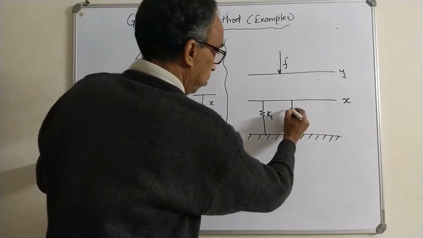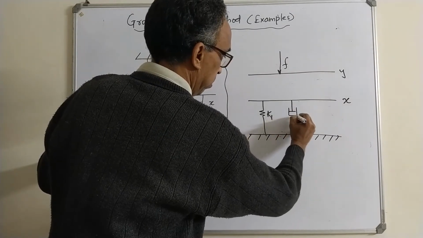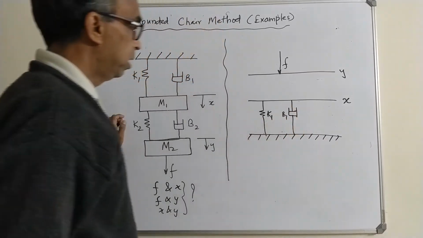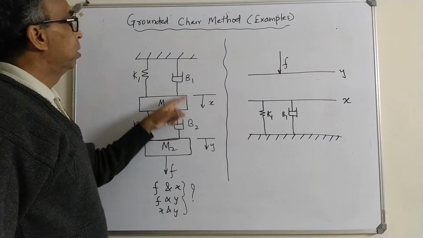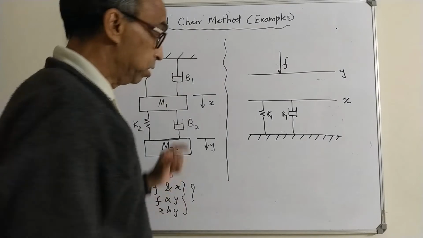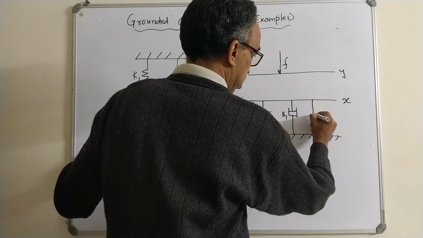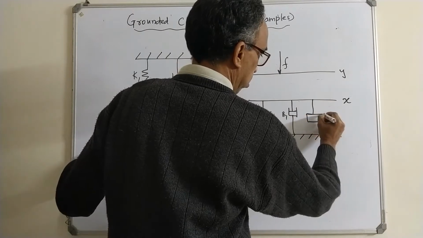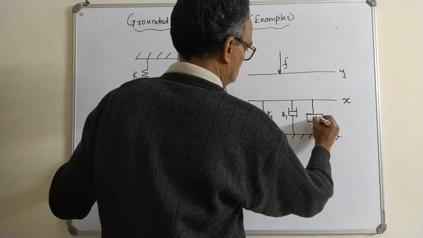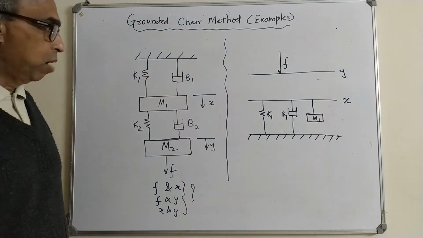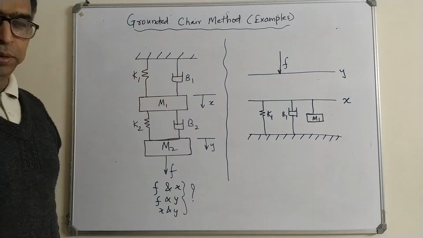Now what else is there between X and ground? M1 is also there. Inertia force is always between the coordinate and ground. So there is M1. All 3 components between ground and X are inserted.